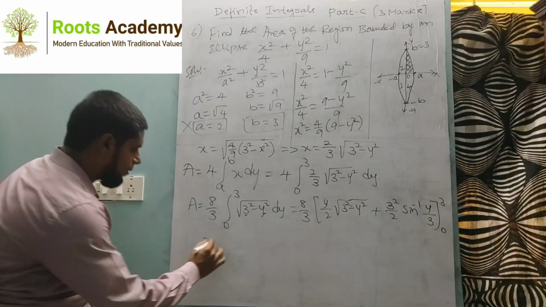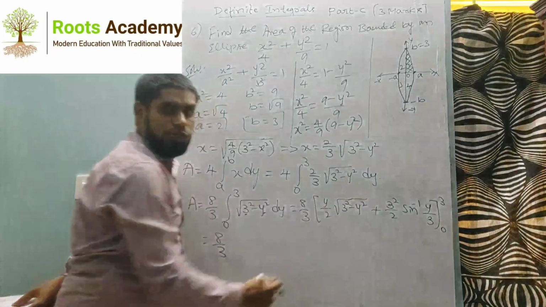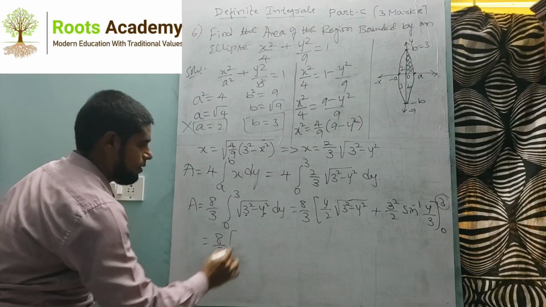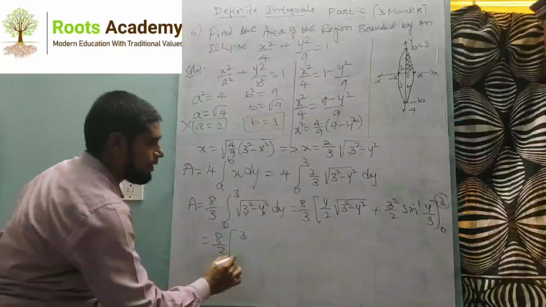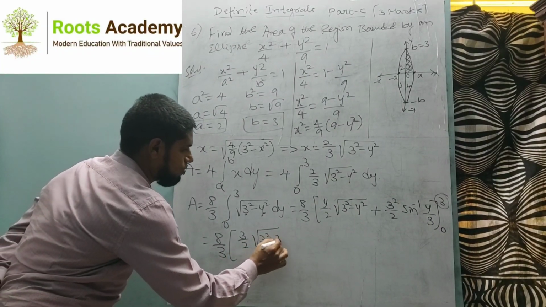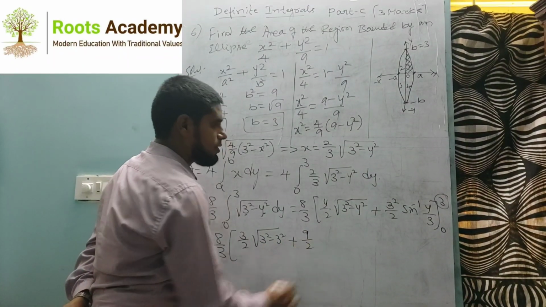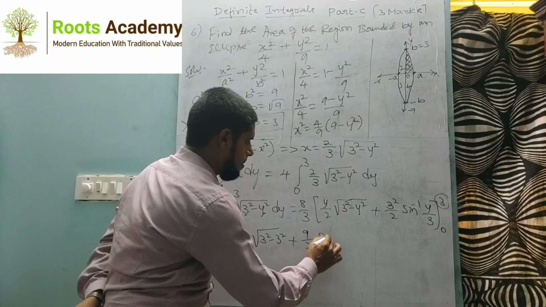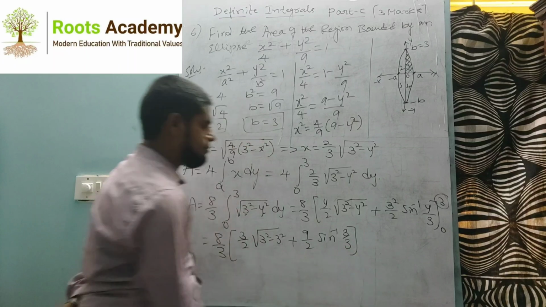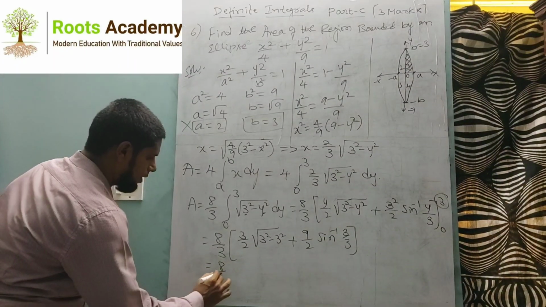So student, 8 by 3 remains the same, no changes. And just substituting the upper limit, the lower limit being 0, wherever y exists: 3 divided by 2 root of 3 square minus 3 square plus 9 by 2 sin inverse 3 by 3. 3 by 3 becomes 1.